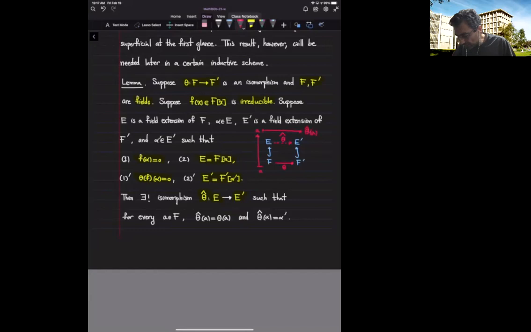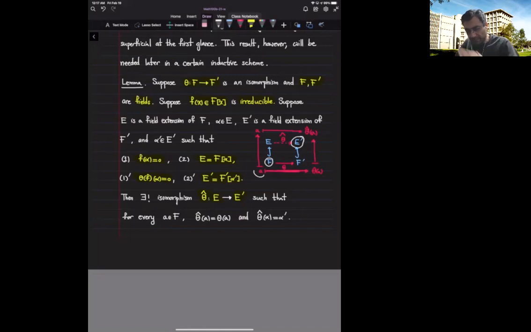In order to understand what it is, I can go actually this way. I can apply theta and get an element of F prime and then embed it into E prime. So it doesn't matter which path I take to go from this bottom corner to this top corner.